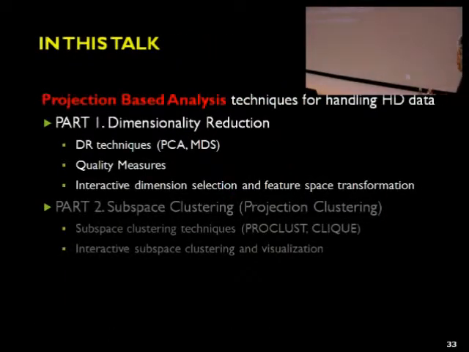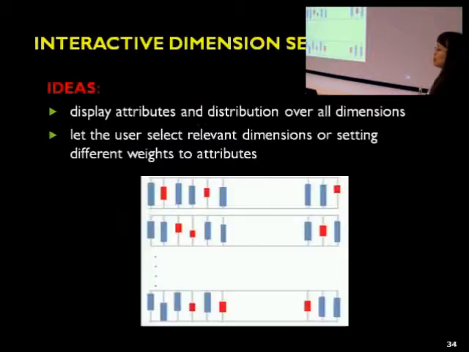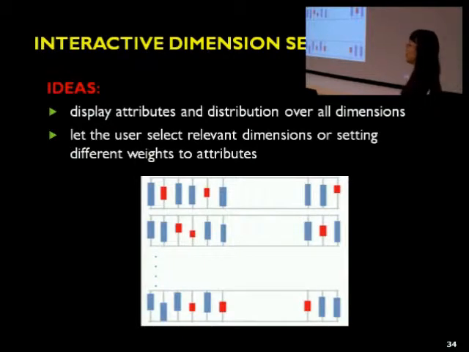So how can we combine interactive visualization to help us do the dimensionality reduction and evaluate the result of our final projection? Here we have some general ideas. As I mentioned before, sometimes you know your data and you know your analysis problem.